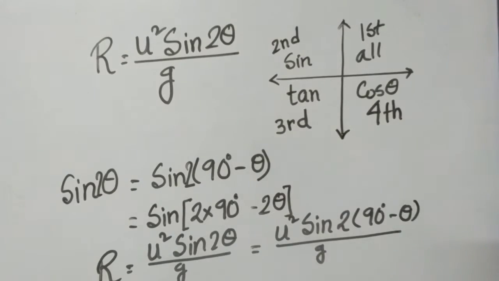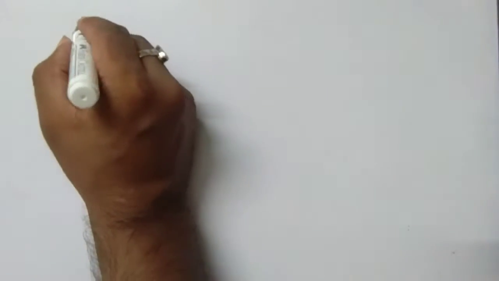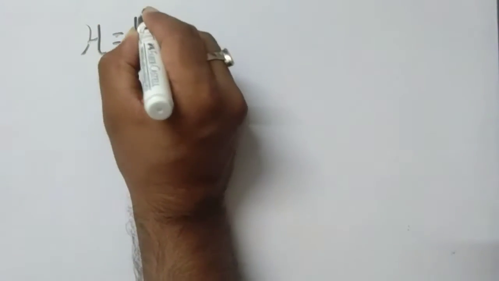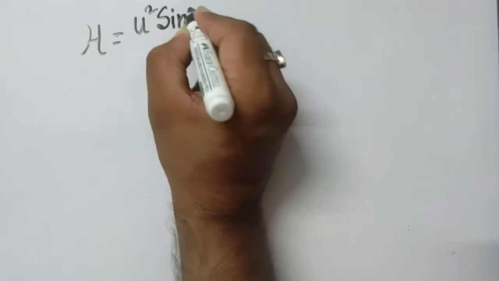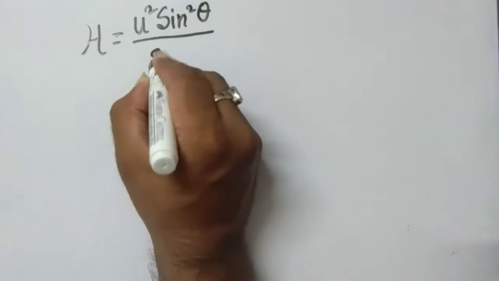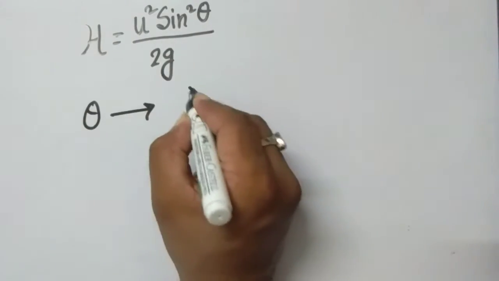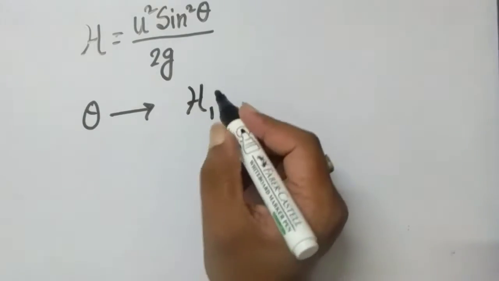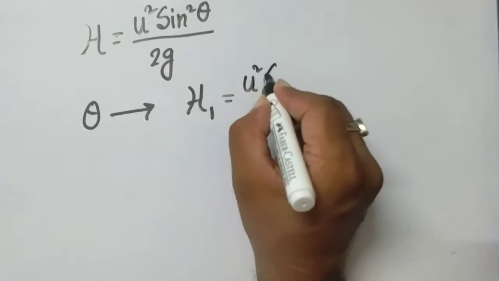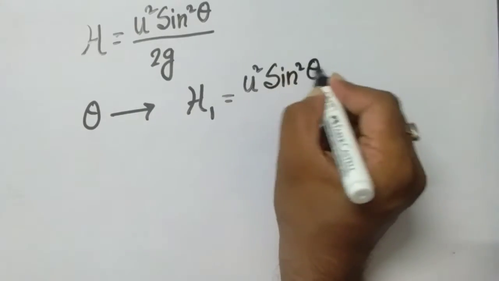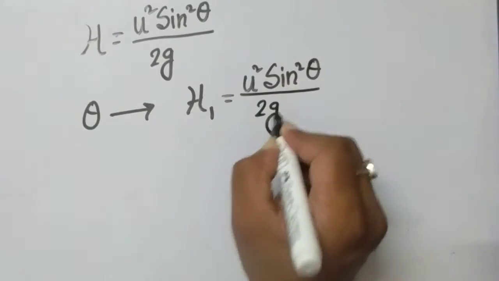In this case the ranges are equal, but the maximum height and time are not equal. Let us see. We know that the expression of the maximum height is u square sine square theta divided by 2g. So for theta, h1 equals u square sine square theta divided by 2g.